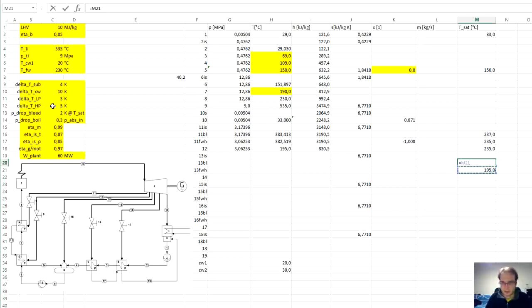Then accounting for the pressure loss in the way we do, for the turbine bleed we need to take saturated temperature respective to 2 degrees higher temperature. Then we can use basically the same function for the pressures as we did before. 11 isentropic is the same pressure as 11 bleeding.